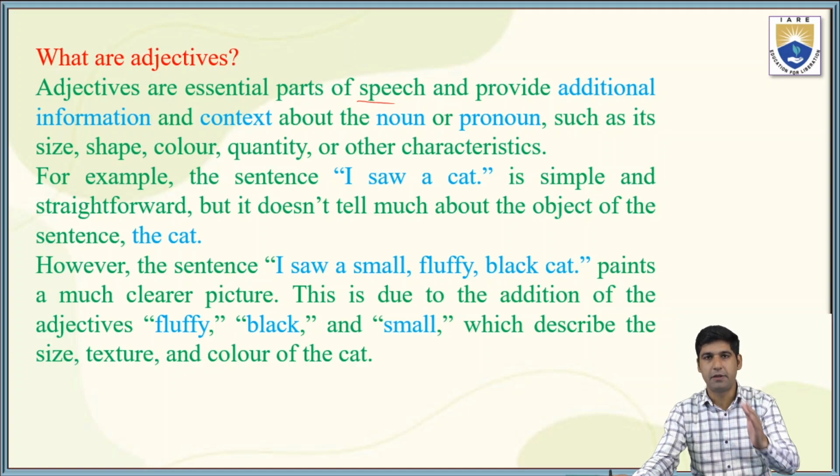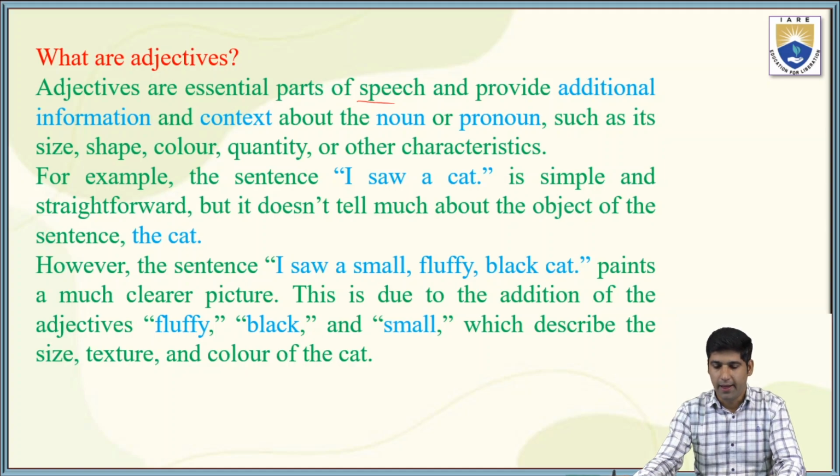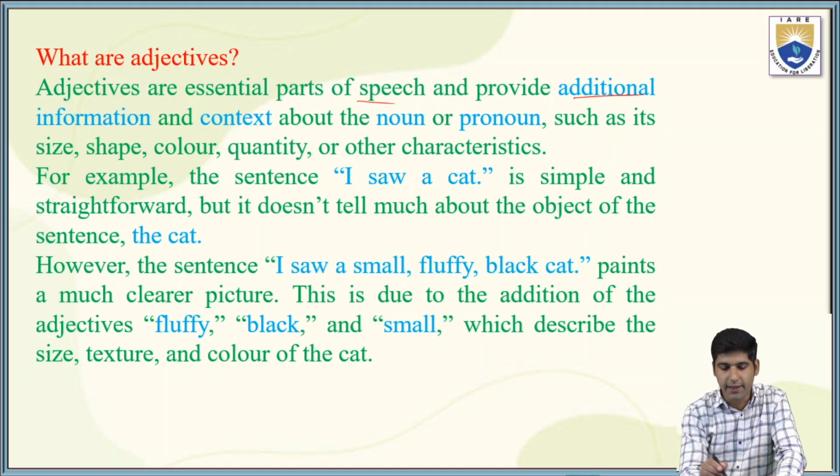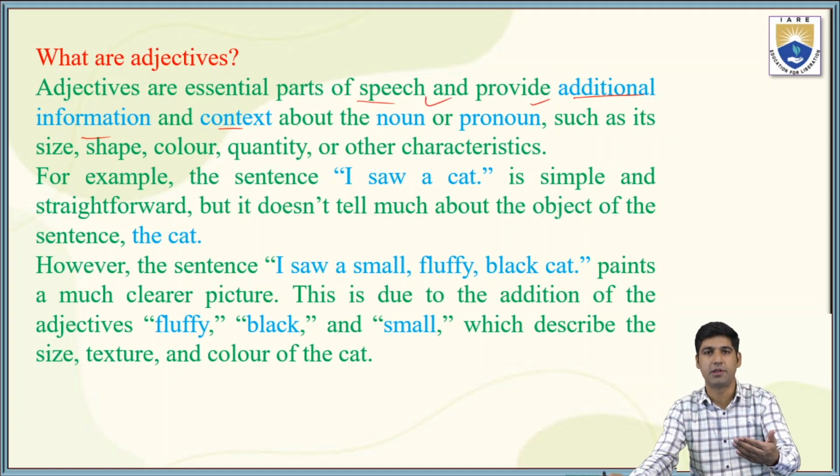Among all other different components, like noun, pronoun, verb, adverb, conjunction, preposition, and interjection, adjective is one of the important components of parts of speech. And what's its function? It provides additional information and context about the noun or pronoun. It gives us some extra information.